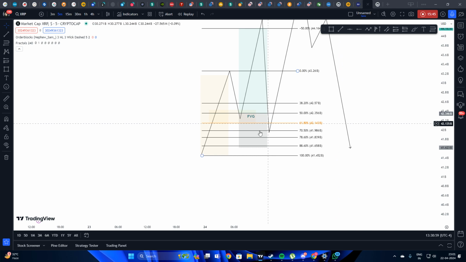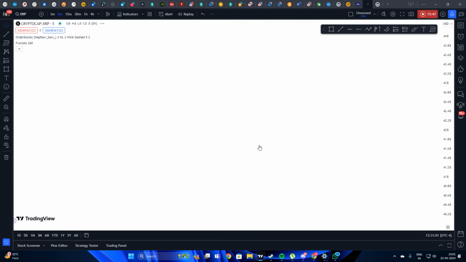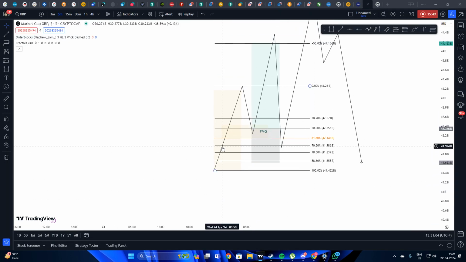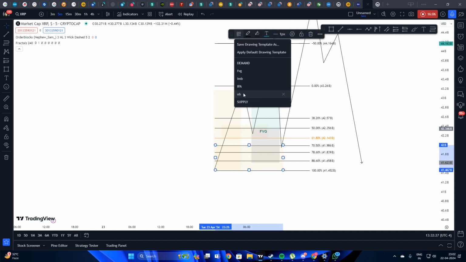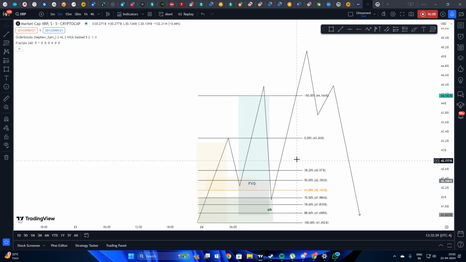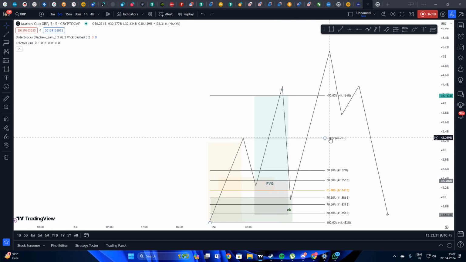Now, why did the market go below? Let's say there was an unfilled OB below in here, and the market thus visited this point before going further upwards. But why did the market exactly go further upwards?